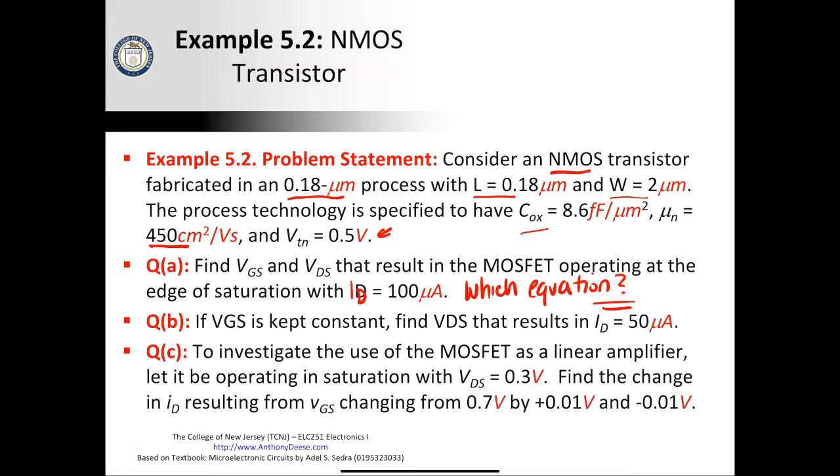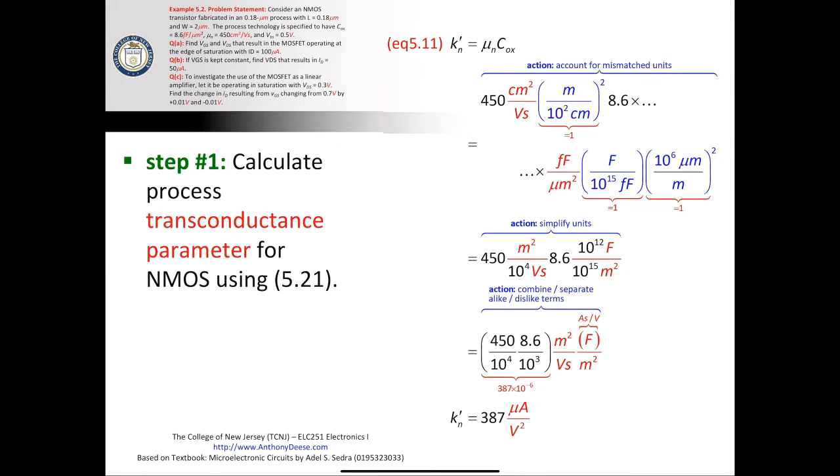And so solving the problem becomes a lot easier once we figure out which equation we're going to use. Here they tell us we're at the edge of saturation. Now, edge of saturation is really the same as saying the edge of saturation and triode. So at that boundary, both equations should work. Normally, we are going to choose the saturation region equation because, we'll see in a second, that has fewer variables that we have to deal with.